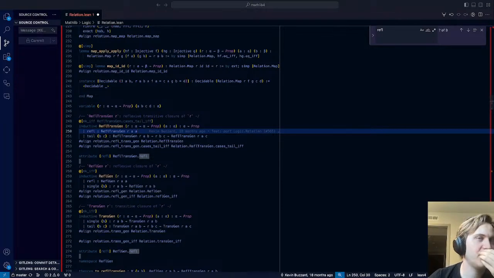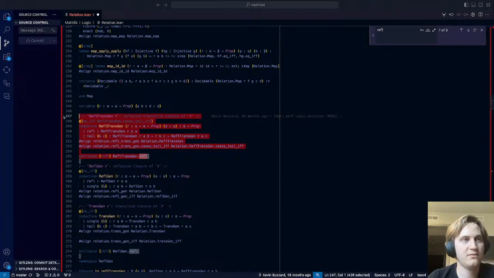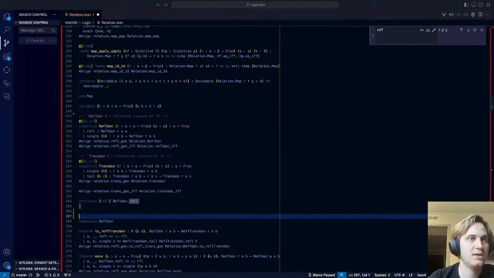And even more than either of those things, I feel what should be done is this. So we have ReflGen, and I feel like this should be moved down here.